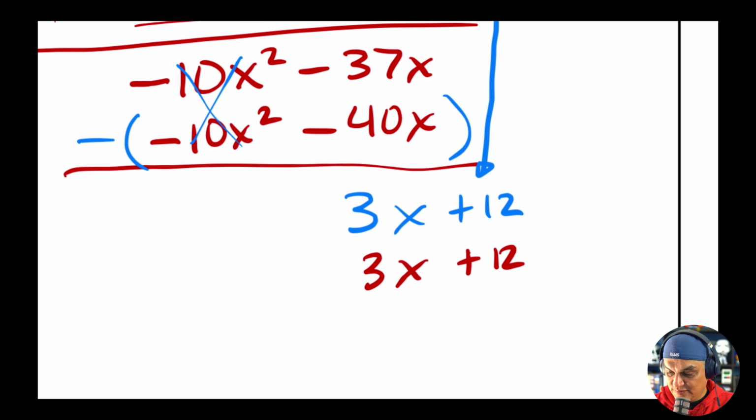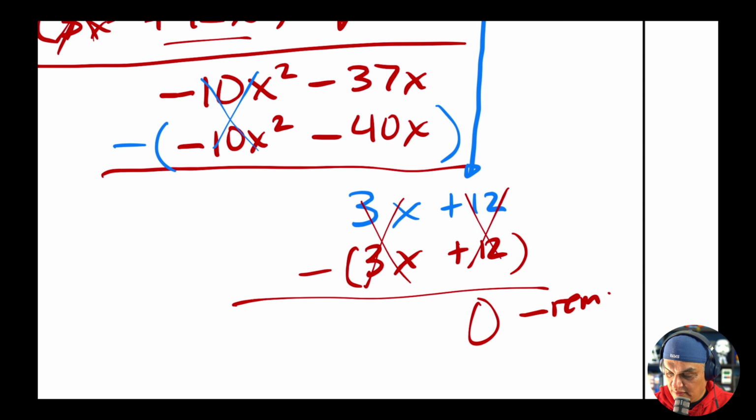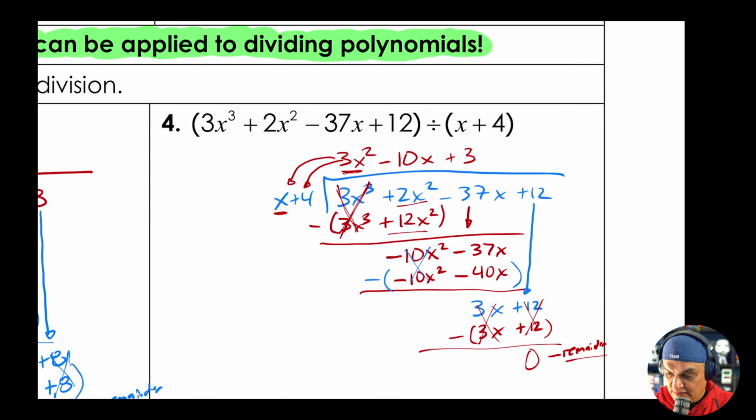And so now I'm going to subtract. 3x minus 3x, 0. 12 minus 12, 0. So my remainder is 0. And there's my answer.